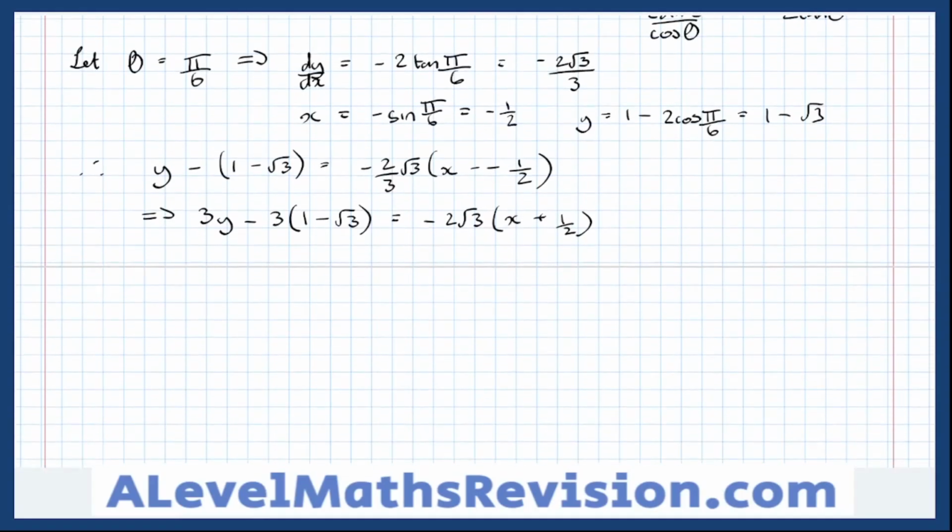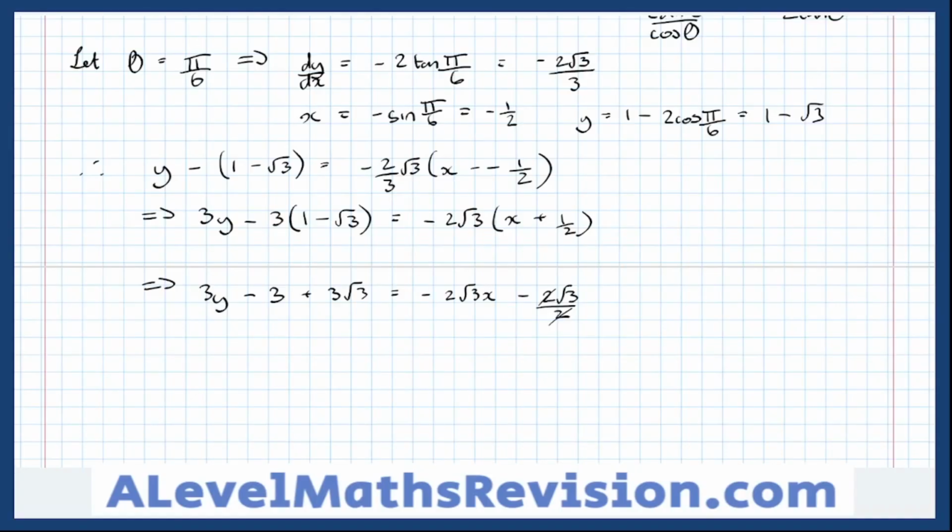Keeping on simplifying that now, which means that 3y minus 3 plus 3 root 3 equals minus 2 root 3x minus 2 root 3 times 1/2 over 2. 2 divided by 2 is 1 there, so I'll cross those out.